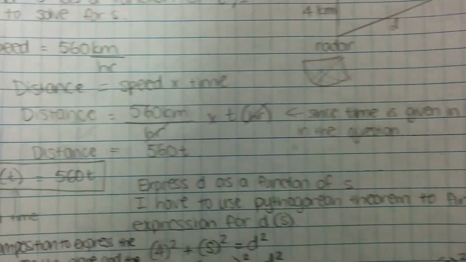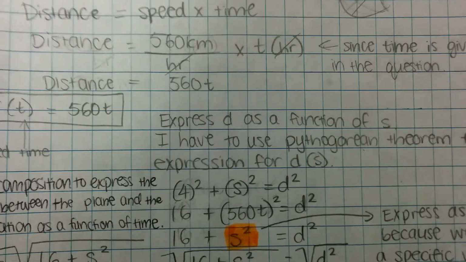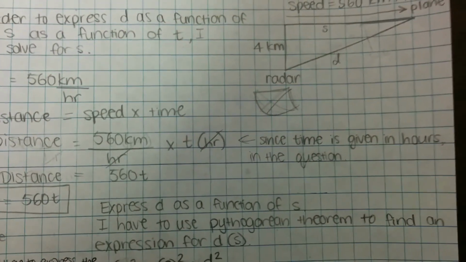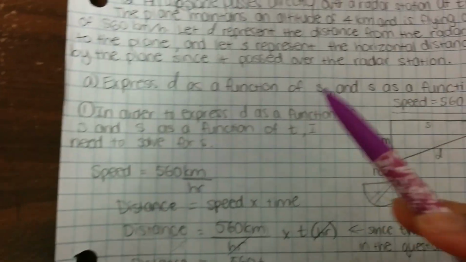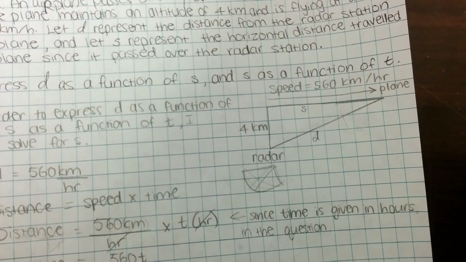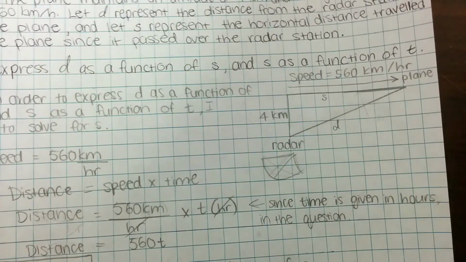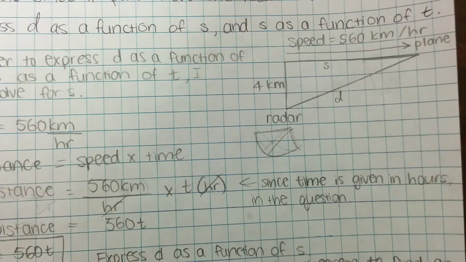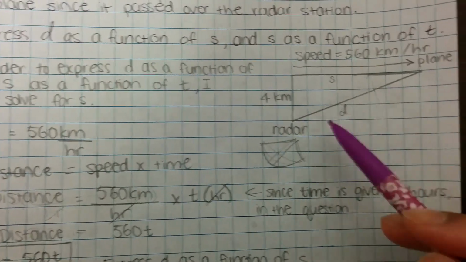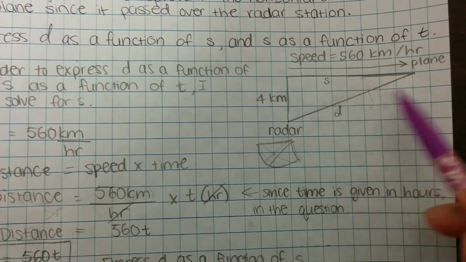And we also have to express d as a function of s. So now I want to get an equation for d. I use the Pythagorean theorem to find an expression for d of s. Since we're asked to express d as a function of s, and this is a triangle, I can use the Pythagorean theorem to solve for this length, for d.